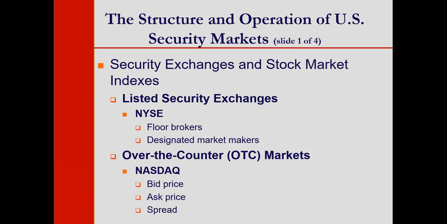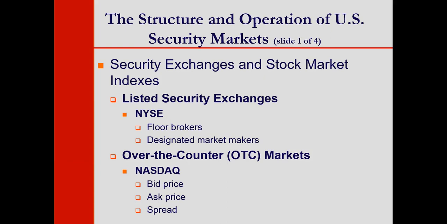Okay. Now, the securities are traded in two different ways. One is floor trading, where like NYSE, it is a floor trading platform where the securities are traded. Other than that, there are OTC markets. Nasdaq is the example for over-the-counter markets.